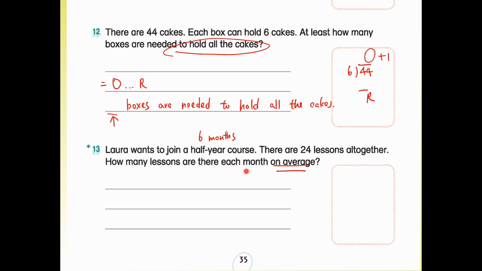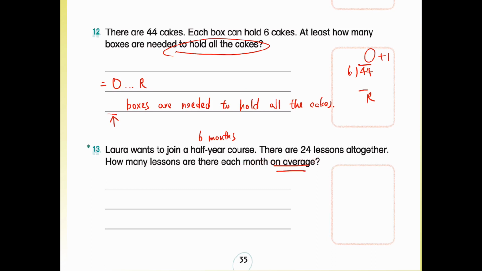And the way to find this out will be to divide 24 by 6 in order to find out the number of lessons that Laura will be doing on average each month. So it can be that sometimes she's doing more lessons in one month than the other months.